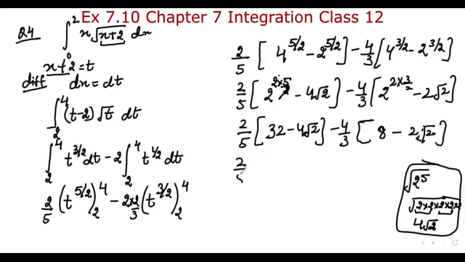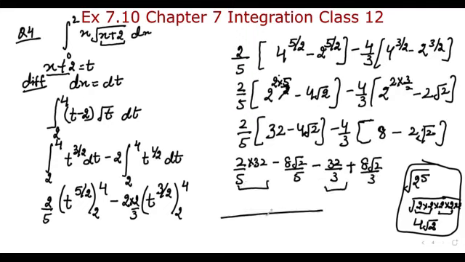Now 2 by 5 into 32 minus 8 root 2 upon 5 minus 32 upon 3 plus 8 root 2 upon 3. Now, if we look at these, we can take LCM as 15 in both of these.